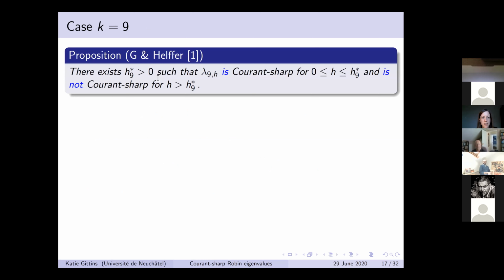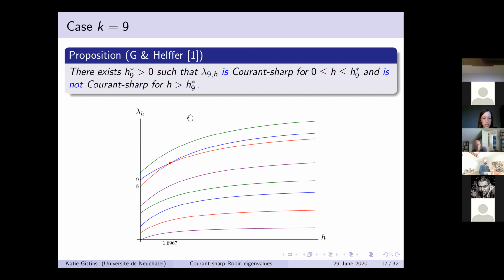And in that case, we could show that there is some value of h, so that the eigenvalue is Courant-sharp up to that value. But afterwards, it's no longer Courant-sharp. And if I just show you here, I have the first 13 eigenvalues given as functions of h.